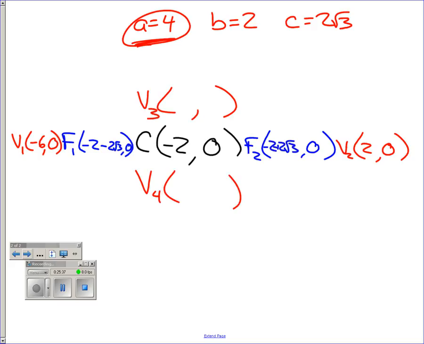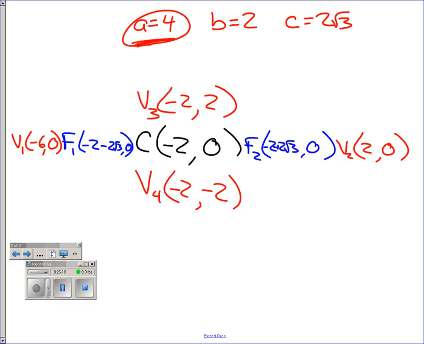And my question is, how do you find the vertex that's above? Yeah, you add 2. Or you can just look on the graph, which it's there, right? Because in this case, they give us that one. And so that's negative 2, 2. That's the B length above. But we've got to go beneath it as well. Negative 2, negative 2.